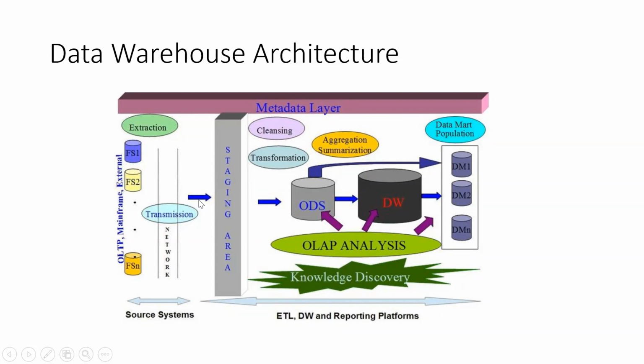From staging, we load the data into the ODS. What is ODS? I'll come to that. It's a new element that has been introduced here. It's optional. We can store the data in the data warehouse, and both are used for OLAP analysis.